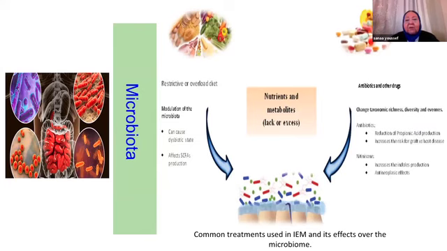When you have a too restrictive diet or an overload diet, and on the other hand you are using antibiotics or other drugs, whatever they are, this is going to affect the nutrients and the metabolites.